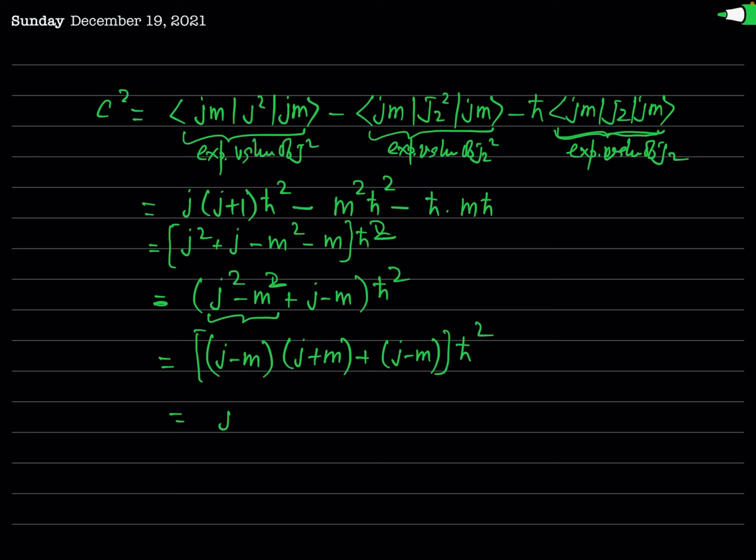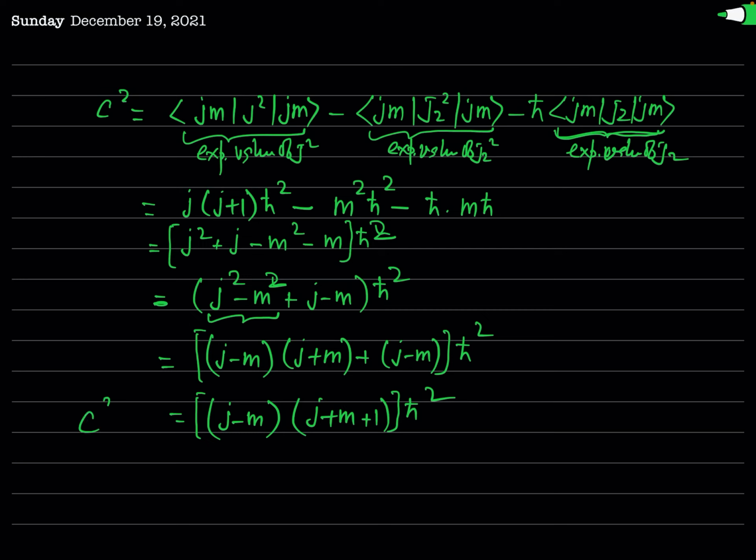So you can take J minus m as a common factor, and here there will be J plus m plus 1, times h bar square.